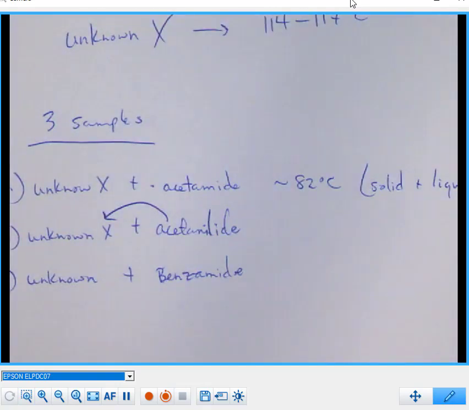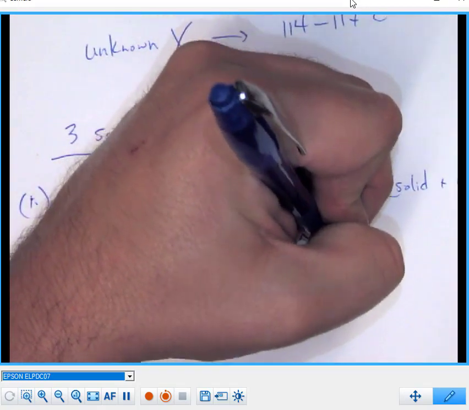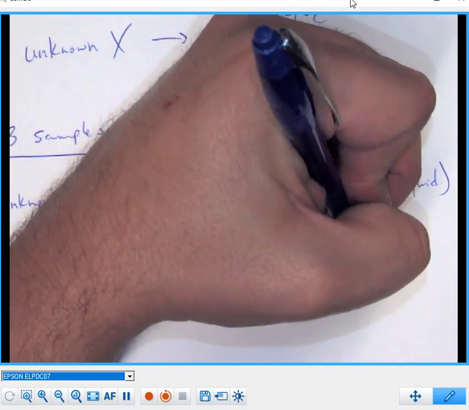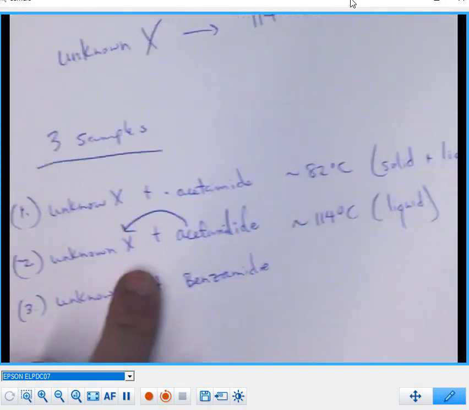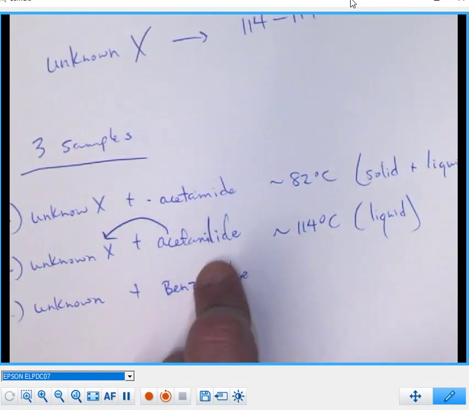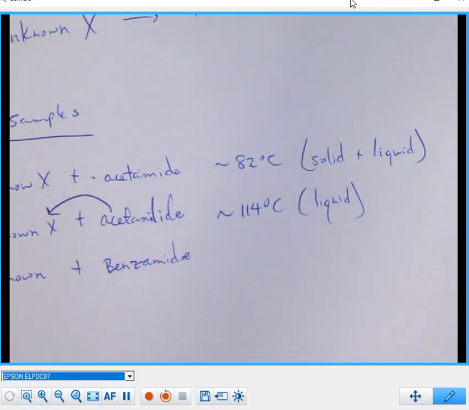And then for acetanilide, at approximately 114 degrees C, I would see nothing but liquid. Because remember, if unknown X is acetanilide, then that means I haven't spiked it with an impurity. It should stay a liquid, right, at that melting temperature.